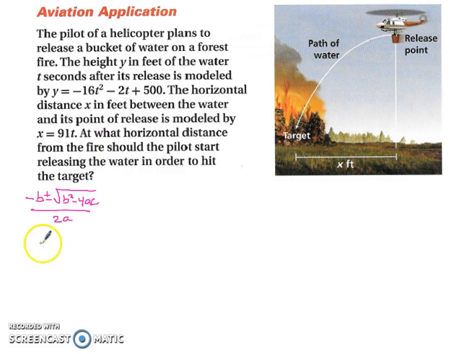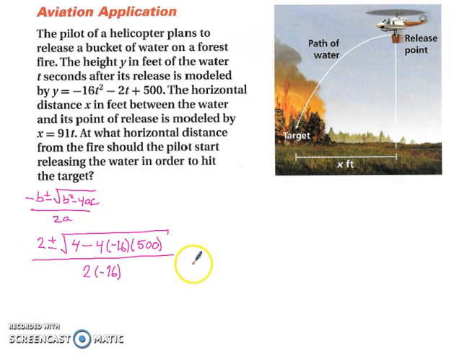Alright, so we have the opposite of b, plus or minus the square root of b squared, which is 4, minus 4 times a times c, all divided by 2 times a.